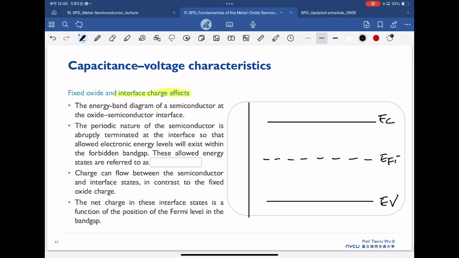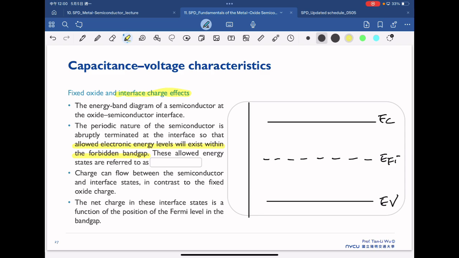And because the periodic nature of the semiconductor is abruptly terminating at the interface, allowed electronic energy levels will exist within the forbidden band gap. This is a similar concept we mentioned when we talked about the metal semiconductor interface.